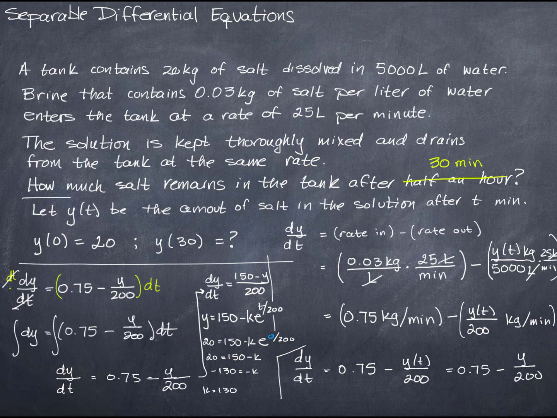And my final solution then is, what is y? 150 minus k, but now I know what k is, it's 130, times e to the t over 200 when t is 30 minutes.